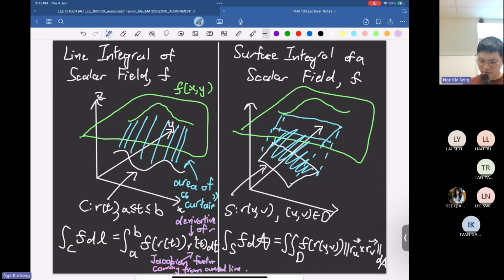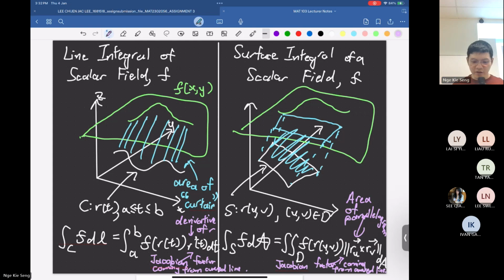It's also a Jacobian factor coming from a curved line.